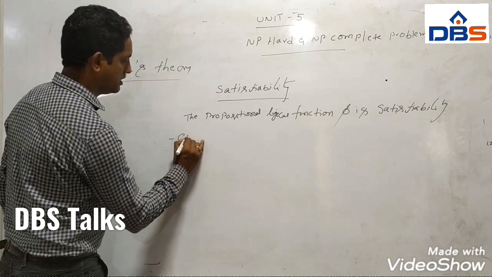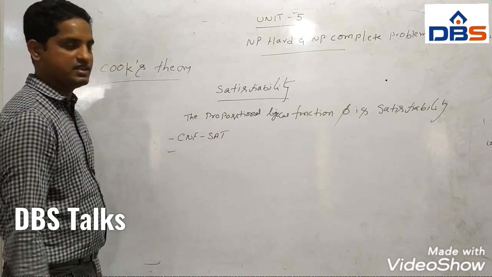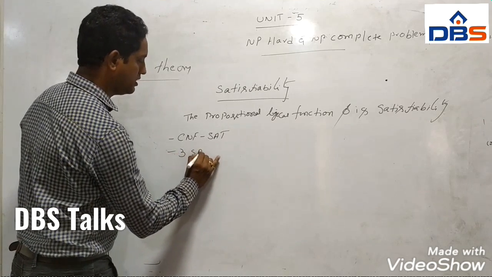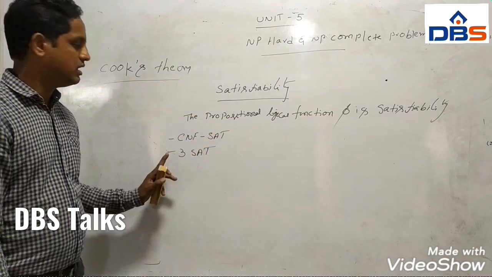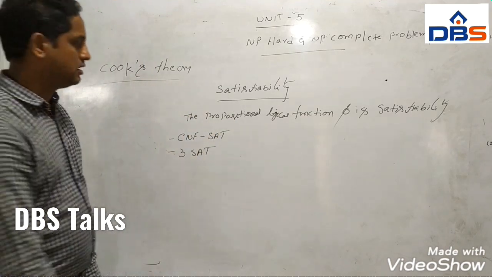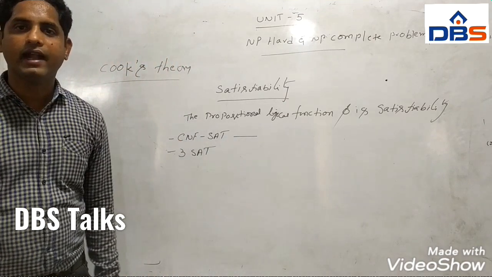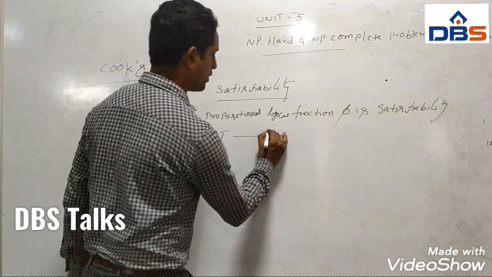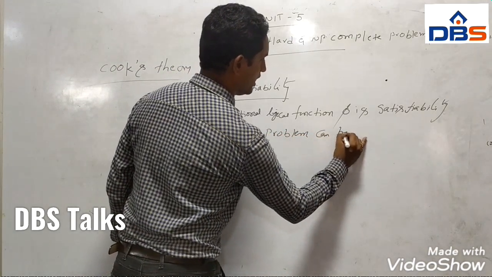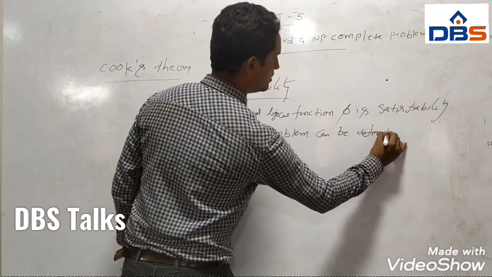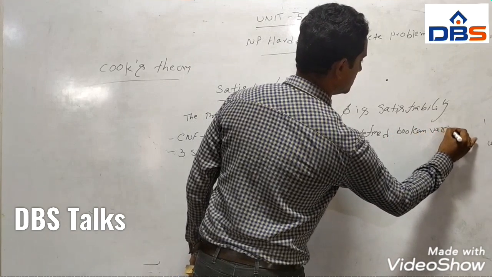The first one is CNF SAT and the second one is 3 SAT. So what is meant by CNF SAT? See, the problem can be defined in Boolean variables.